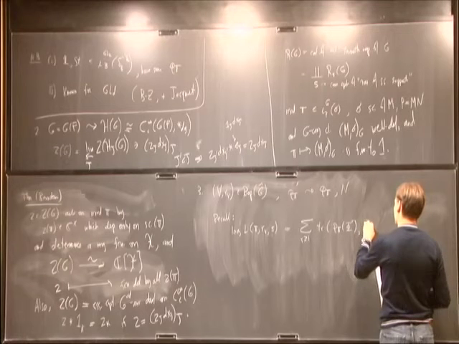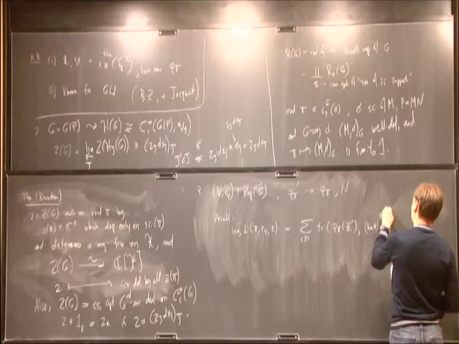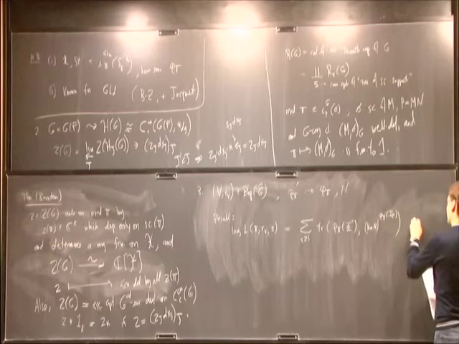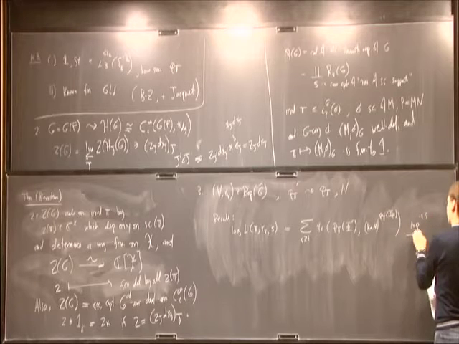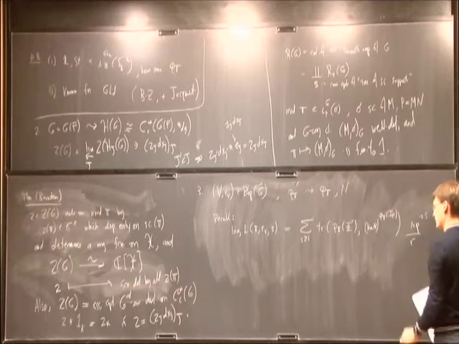Well, it acts on the kernel of n, and then you take the invariants under the inertia group. And then, of course, you have some kind of sum like this. But these are the crucial things here.